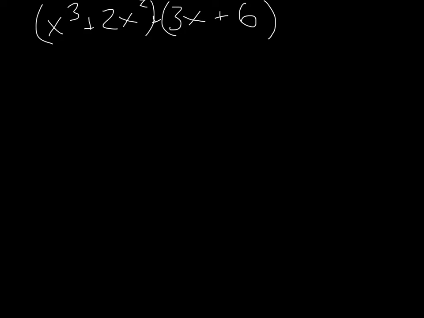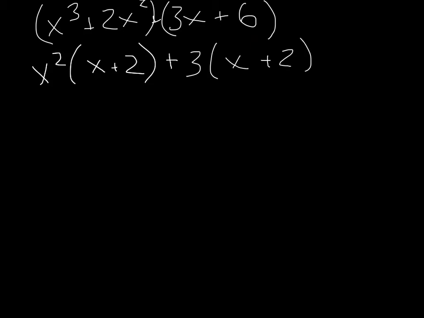An x squared. So once we factor out an x squared, we're left with x plus 2. The plus sign here comes down, and in our second expression here, 3x plus 6, both of those terms share a 3, so we can factor a 3 out, and inside the parentheses we're left with x plus 2.